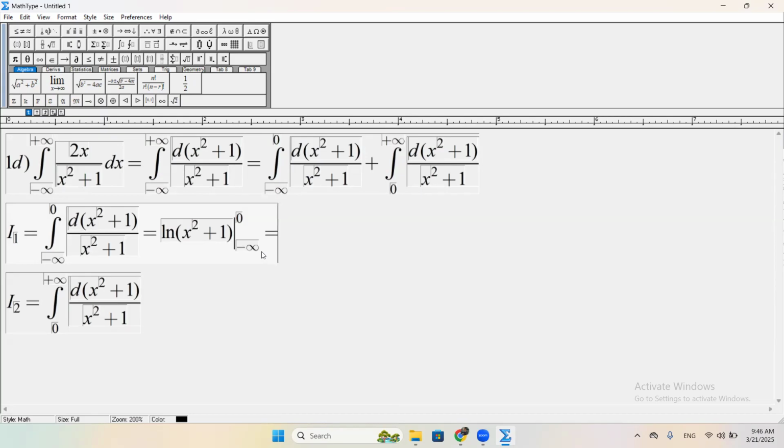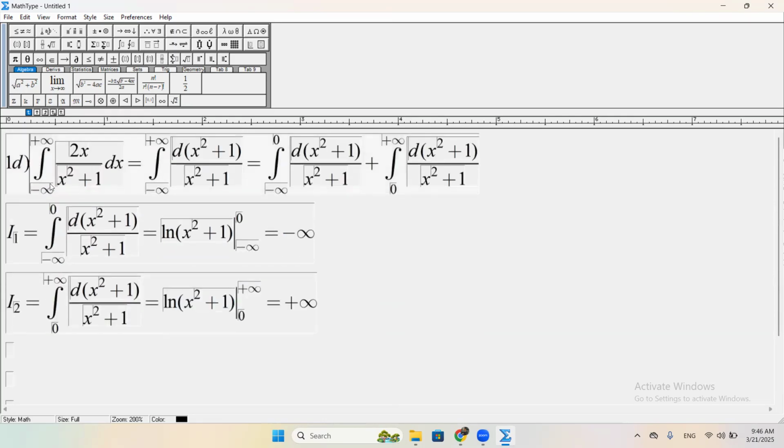When x approaches minus infinity, the logarithm equals minus infinity. So this integral diverges. Analogically, with plus infinity and 0 here, this integral will be equal to plus infinity.